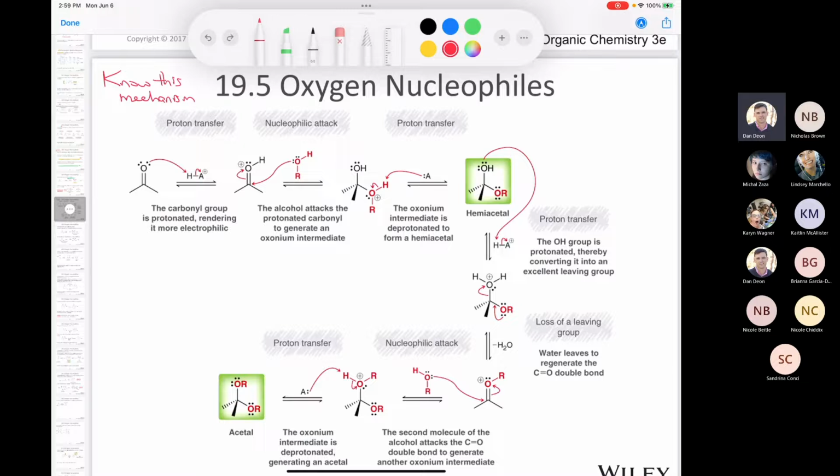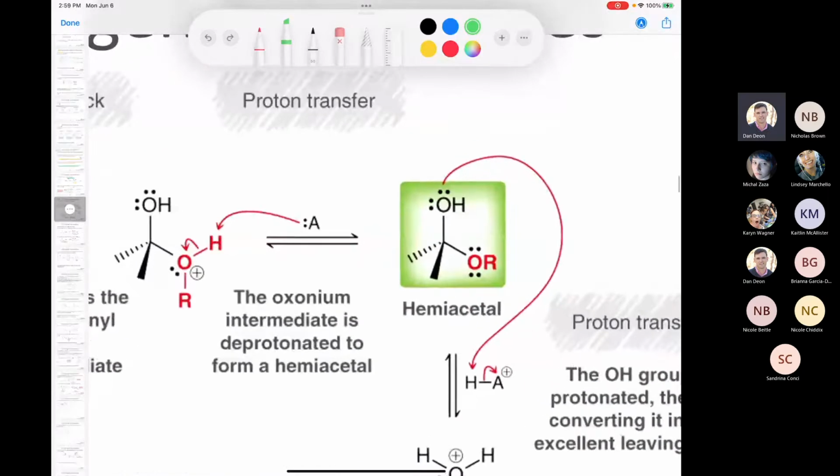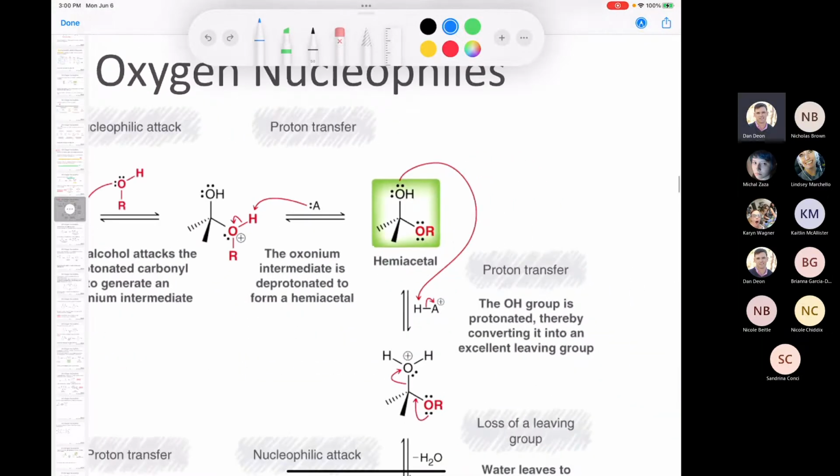I think that the best rationale that I've seen my students use is that the first thing you've got to do is make a hemiacetal. And a hemiacetal is kind of like not an acetal, right? You've got an ether on a carbon, but you've also got an alcohol on the same carbon, okay? That's what a hemiacetal is. So that's your first thing, is you've got to figure out a way to make a hemiacetal.